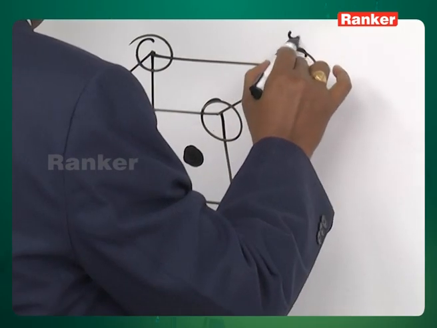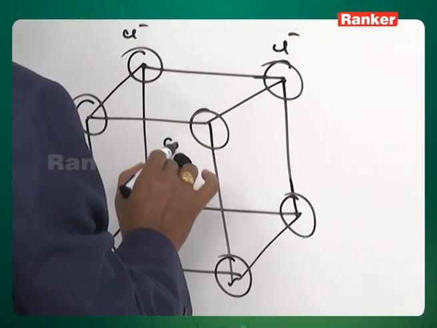These are all chloride ions, this is your cesium ion.